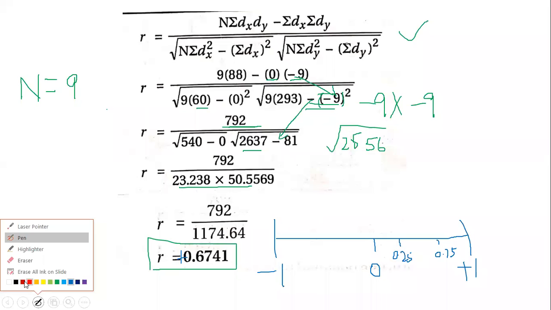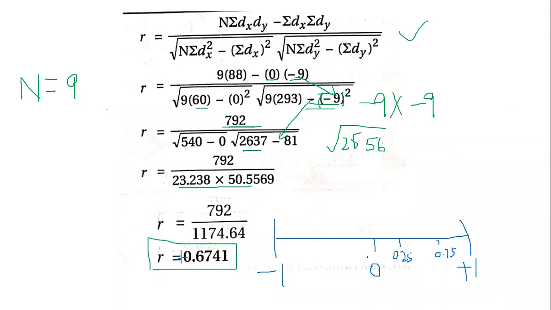Now, where does this number lie? In between which numbers can you say? Can you all reply in chat? Where does 0.6741 lie? Which part should I consider?